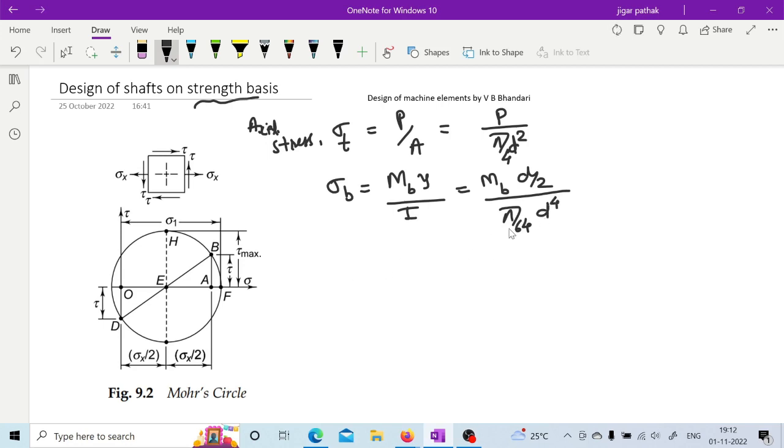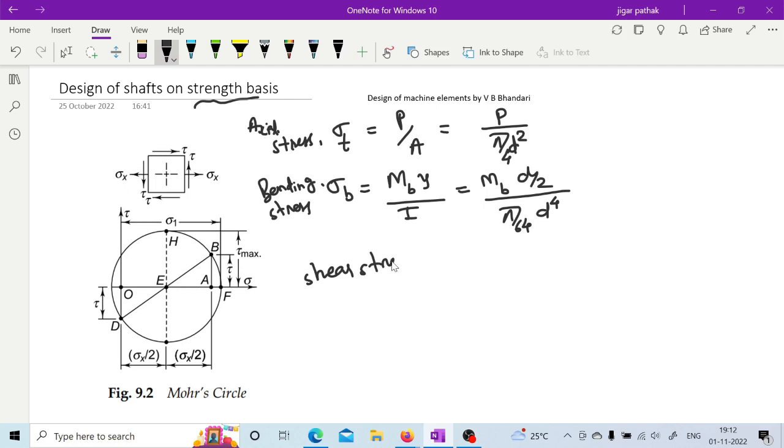And this is the bending stress. And there may be shear stress also.